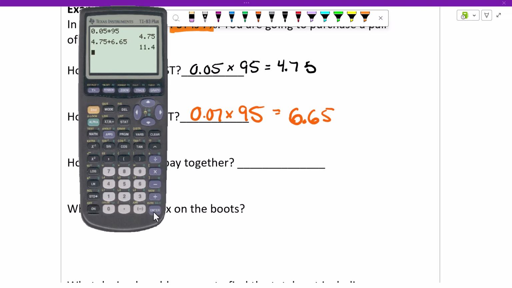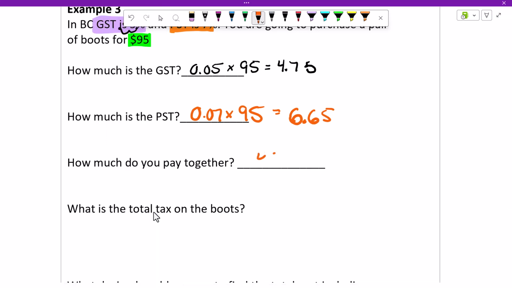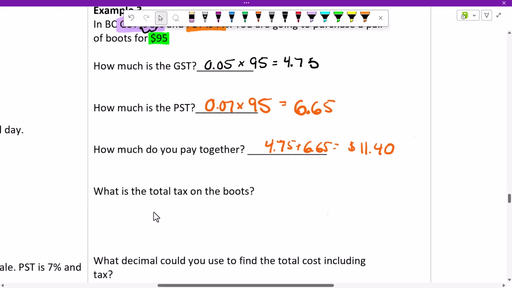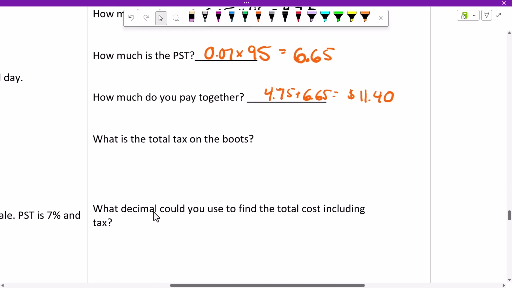And we add that together, it says 11.4, but we should write down not 11.4, but 11.40, which is $11.40. So we go 4.75 plus 6.65, $11.40. Oh, we sort of did these two in the same spot. What is the total?